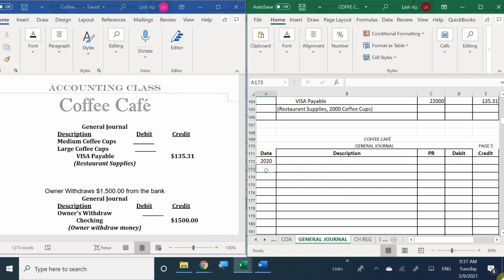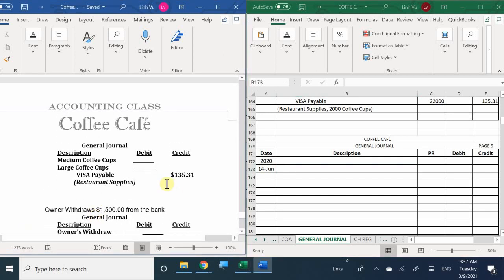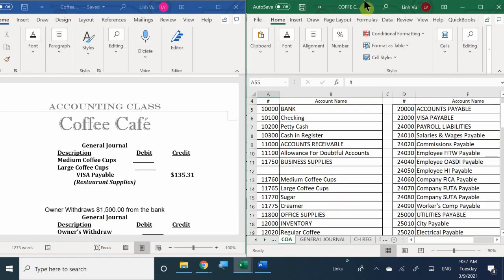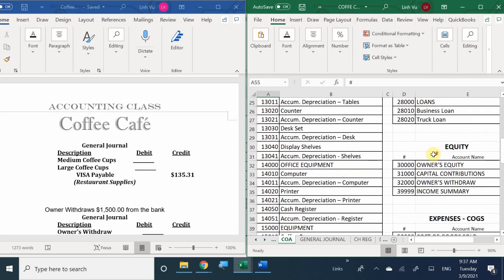So what do we do here? If the owner's going to take money, what are the 2 accounts that you're going to need? Let's look at our chart of accounts. We did an owner's withdrawal. We took money away from the company. So what account is that? Owner's withdrawal account.